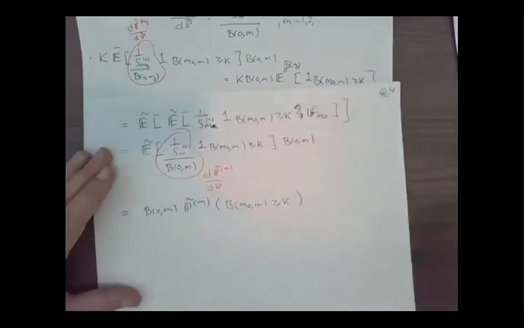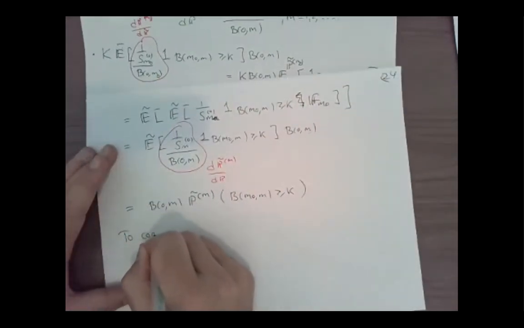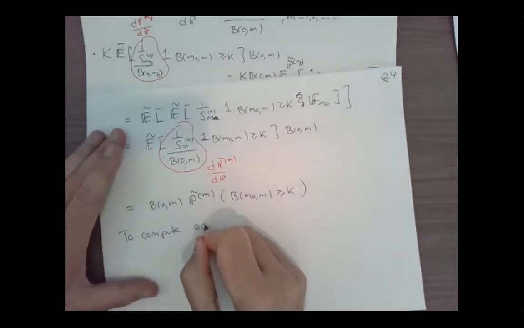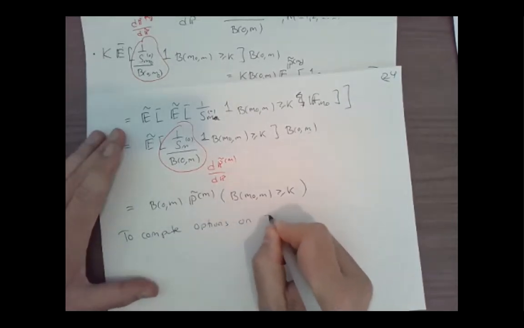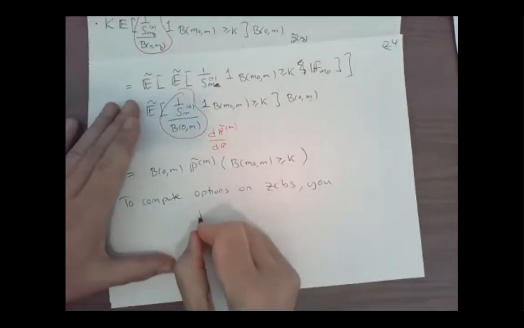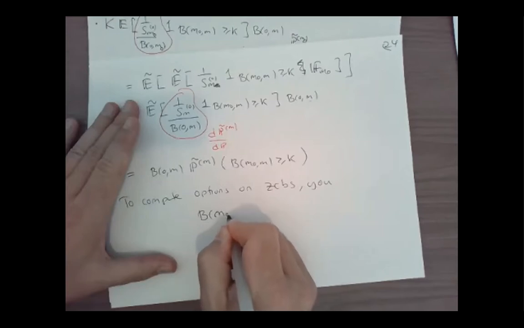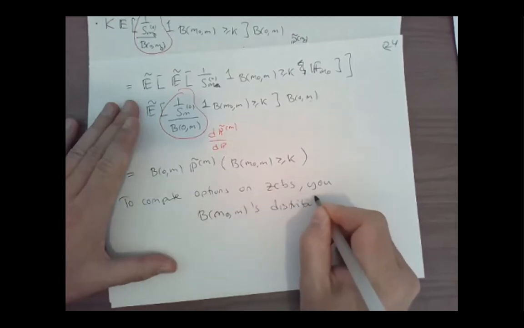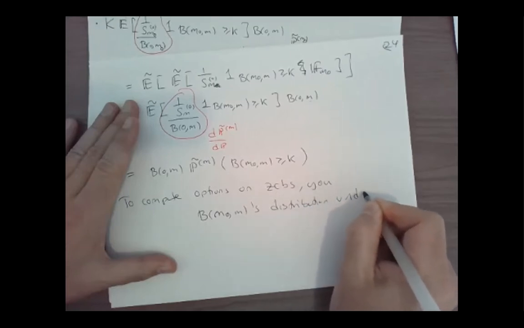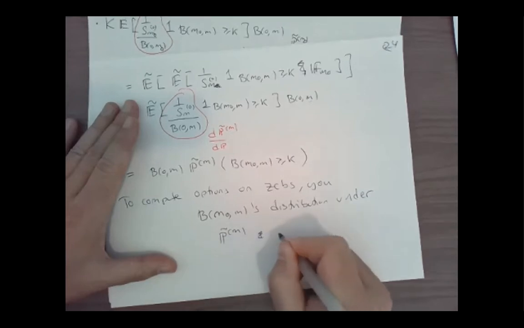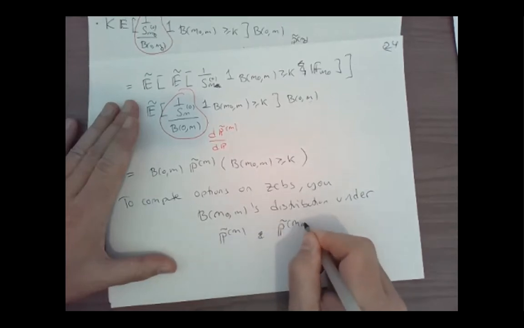So what you need to compute options on zero coupon bonds is B_0(M0)'s distribution under P tilde M and P tilde M0.